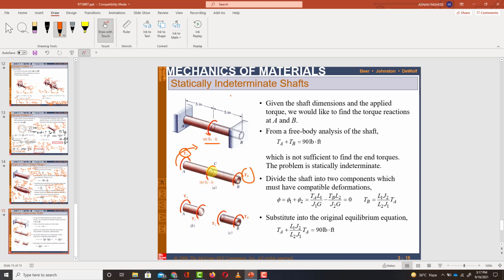In this scenario there is one torque known and two unknown. If you take the moment about this axis, let this axis be x, the moment about x will be equal to 0. So TA plus TB will be equal to 90 pound.